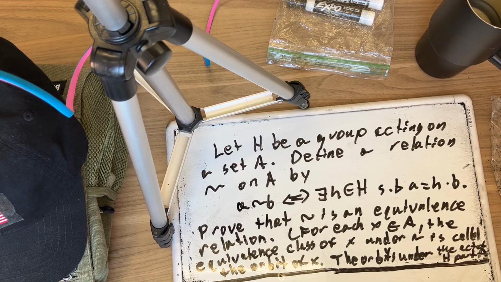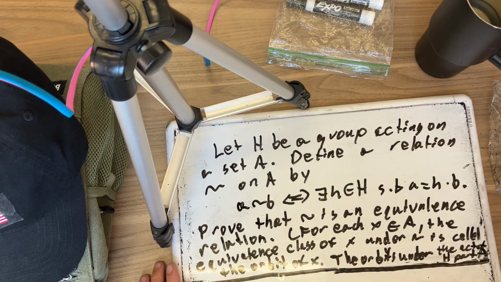Intuitively, being in the same orbit means reachable by the action of some group element. So identity gives reflexivity, inverses give symmetry, closure, or product in this case, gives transitivity. So the group axioms map exactly onto the equivalence axioms, right? So let's take a look at that more rigorously.